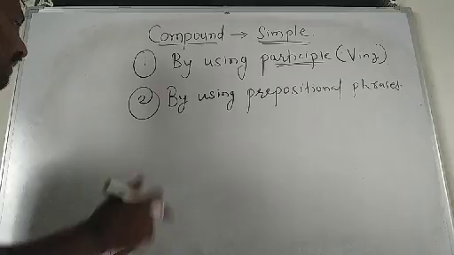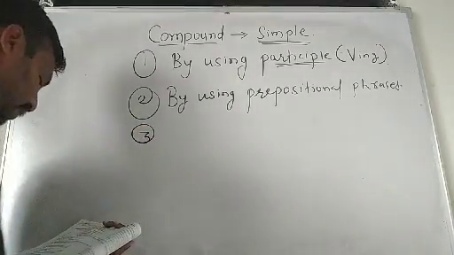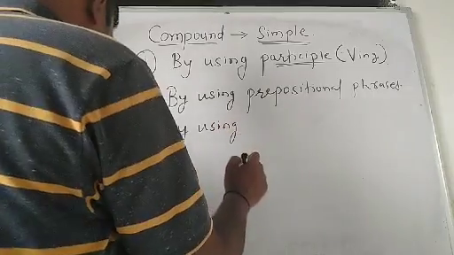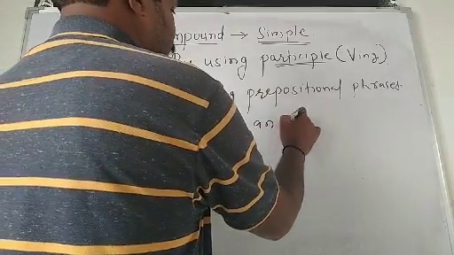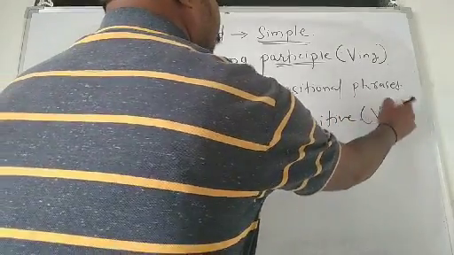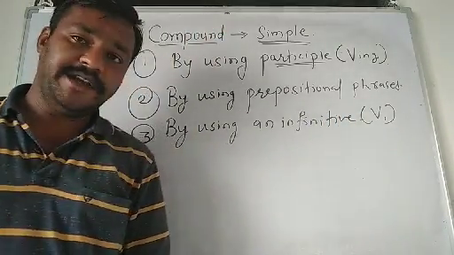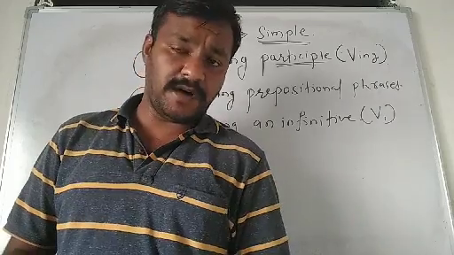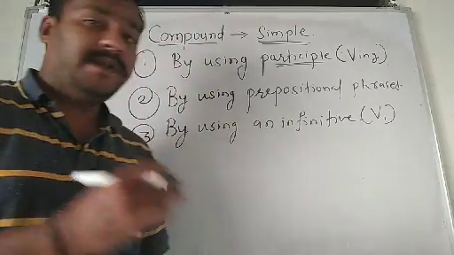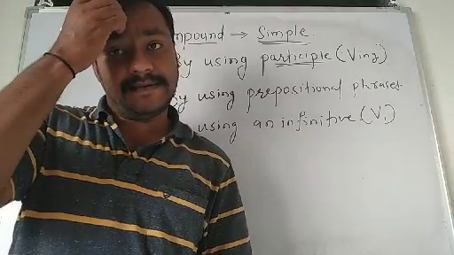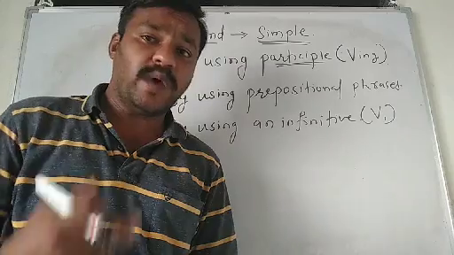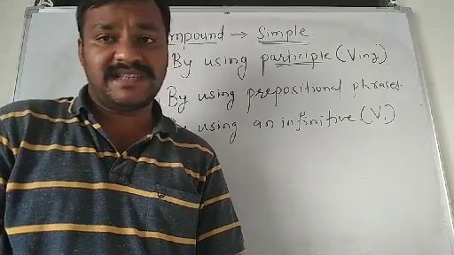And the third and last way is by using an infinitive form. Infinitive is the verb's first form, which we know very well. The participle form is when we add the suffix ing to the verb. And the next way is prepositional phrases. One by one we are going to discuss these along with some examples.